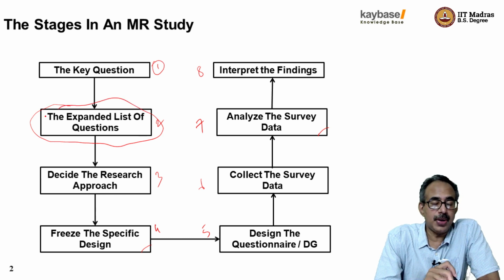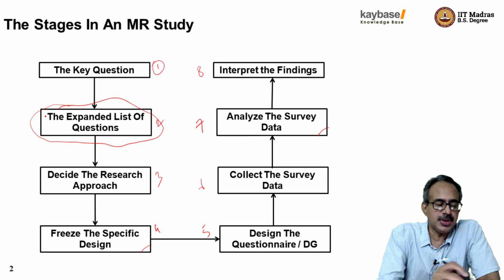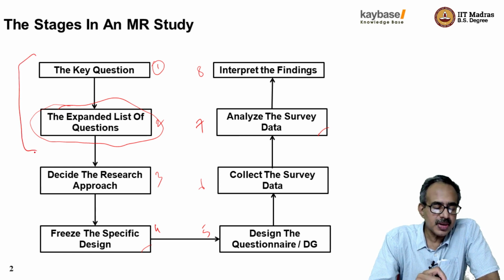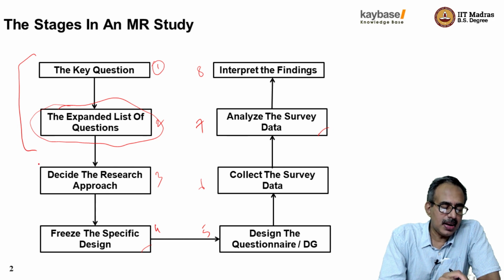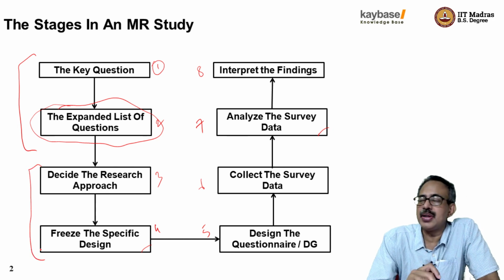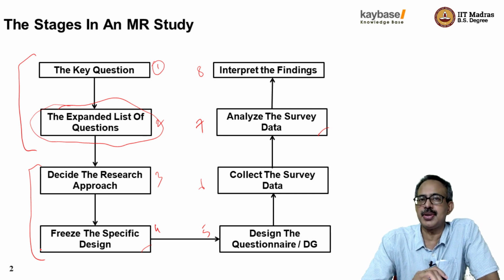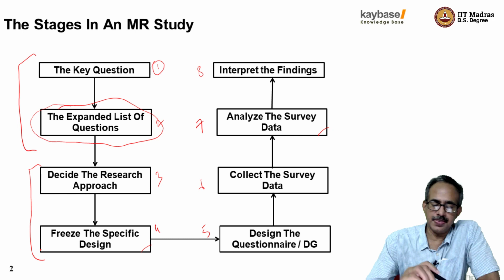Once we decide what we want to find out, so these two are about what do we want to find out. And then we decide how are we going to go about finding it out. Right? So what kind of research approach do we require? And within that, can we nail down very specifics like, what kind of sample size, what kind of towns we're going to do with it.